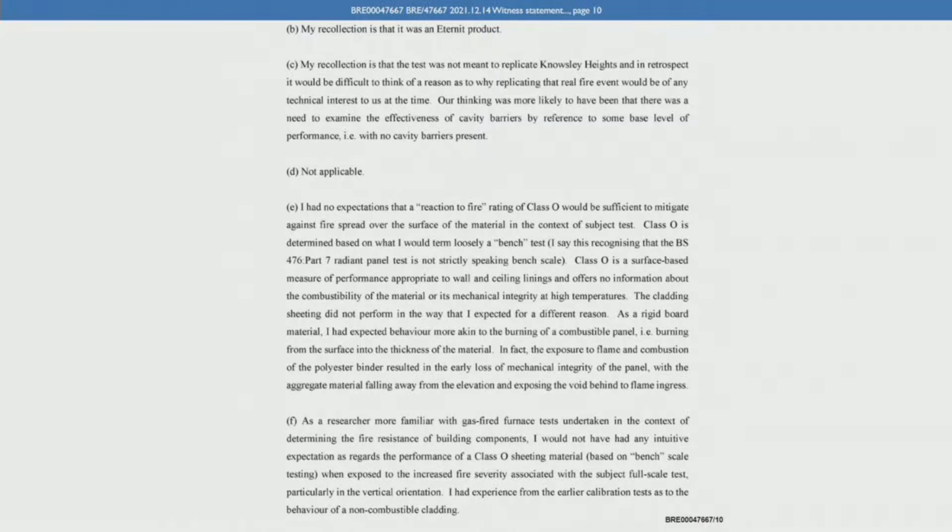I say this recognising that the BS 476 Part 7 radiant test panel is not, strictly speaking, bench scale. And then he says, Class 0 is a surface-based measure of performance appropriate to wall and ceiling linings and offers no information about the combustibility of the material or its mechanical integrity at high temperatures. Now, given your evidence earlier, Dr. Smith, you would agree with that last sentence.